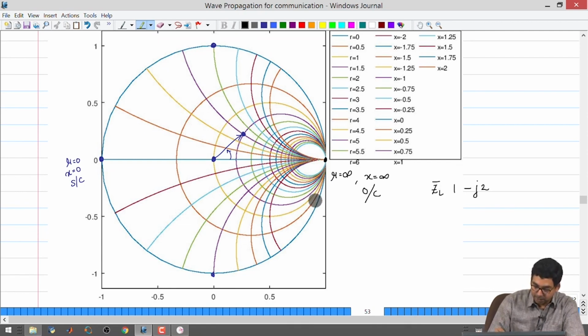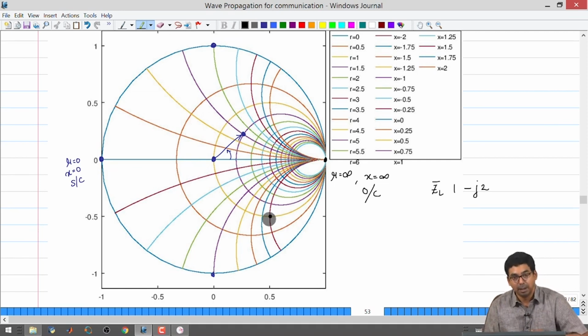In this case, R equal to 1 is the circle that passes through the center of the Smith chart, the yellow curve here, and then go for the constant reactance circle with X equal to -2. So, X equal to -2 is this circle, and it will be somewhere here. This will be your intersection between the two, and you mark that as ZL.